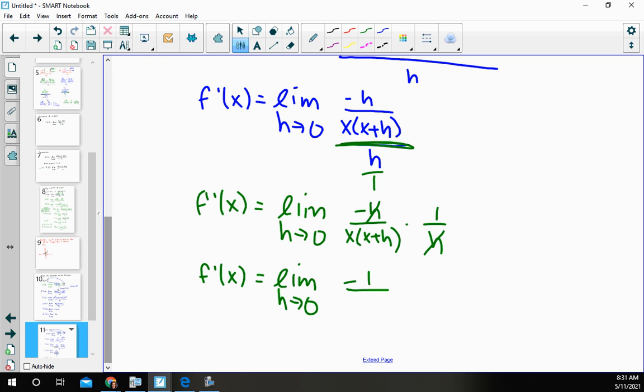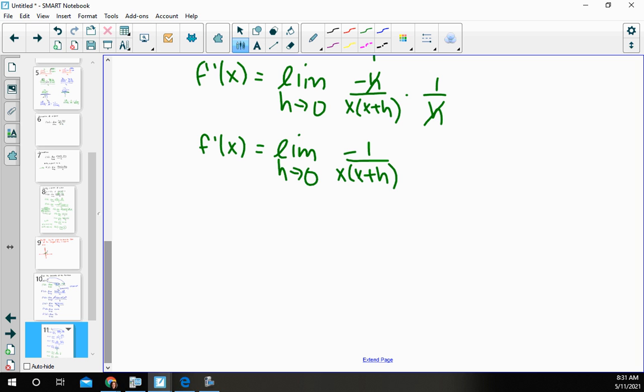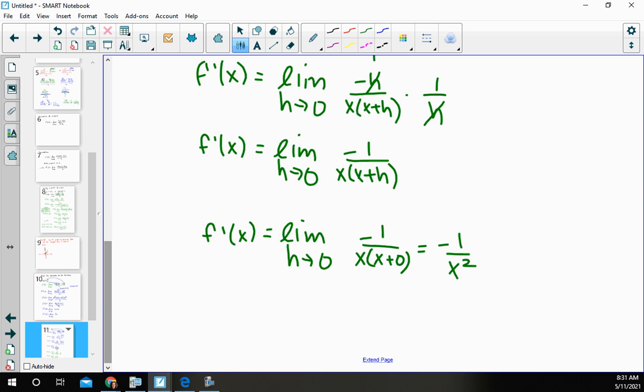So I've got negative 1 over x times x plus h. Now if I actually plug 0 in, I basically get negative 1 over x squared as its derivative equation.